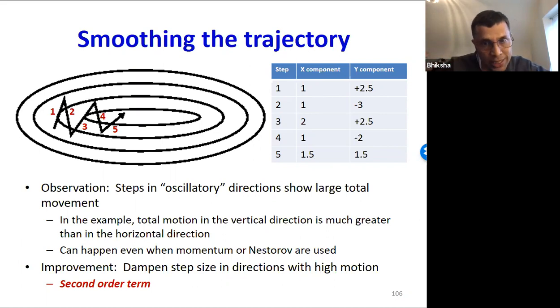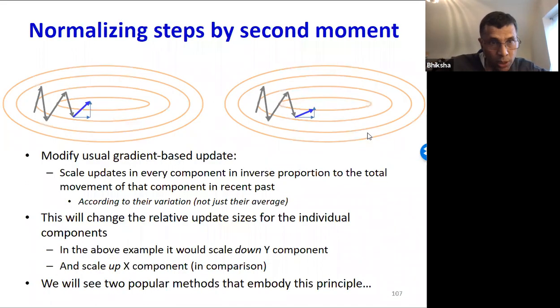How much energy did you expend? That's going to be 2.5 plus 3 plus 2.5, which is going to be 11.5. And so although we walked only 6.5 steps in this direction, we made a lot of progress. We walked 11.5 steps up and down and basically didn't change at all. So you want to consider the total variation and not just the average to decide what to do.